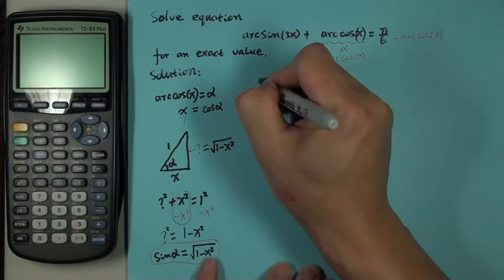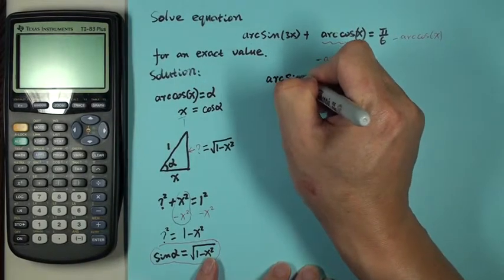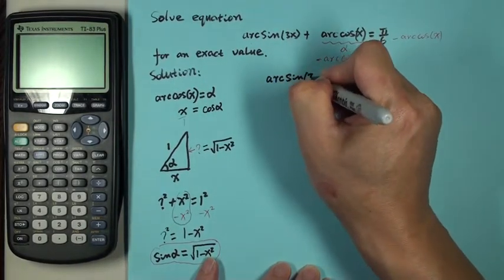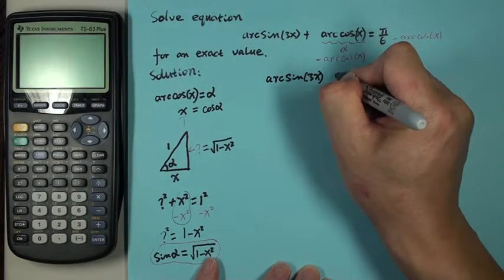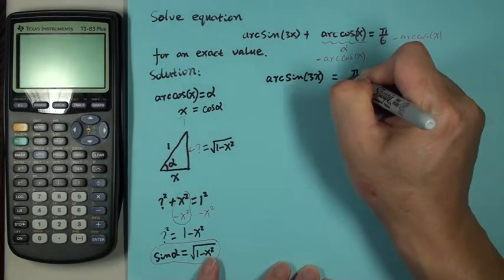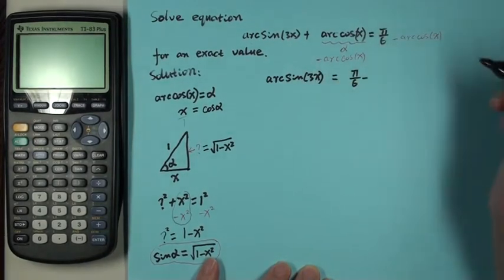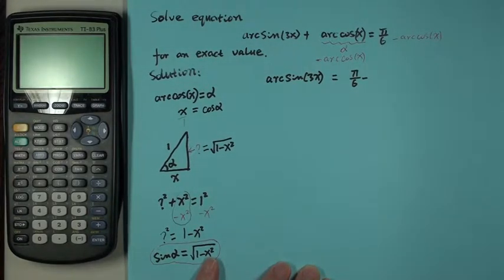We then have arc sine 3x equals pi over 6 minus alpha.